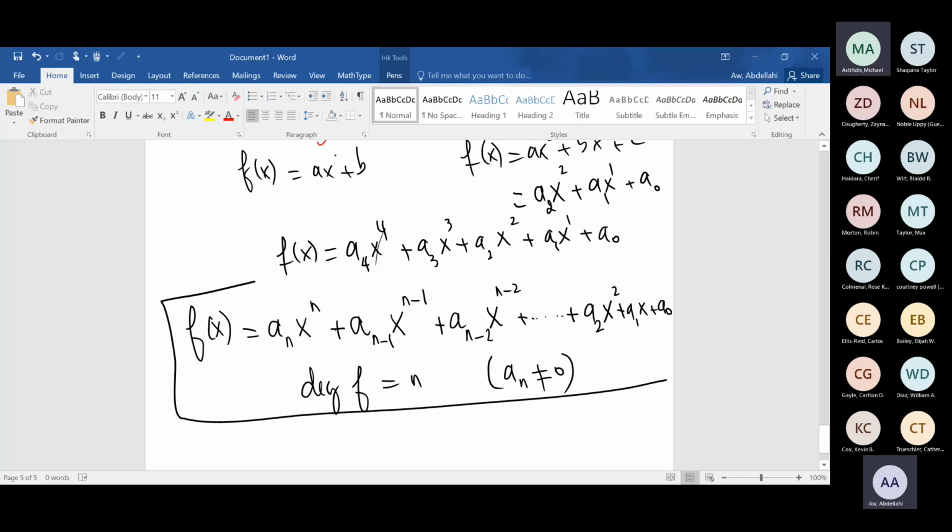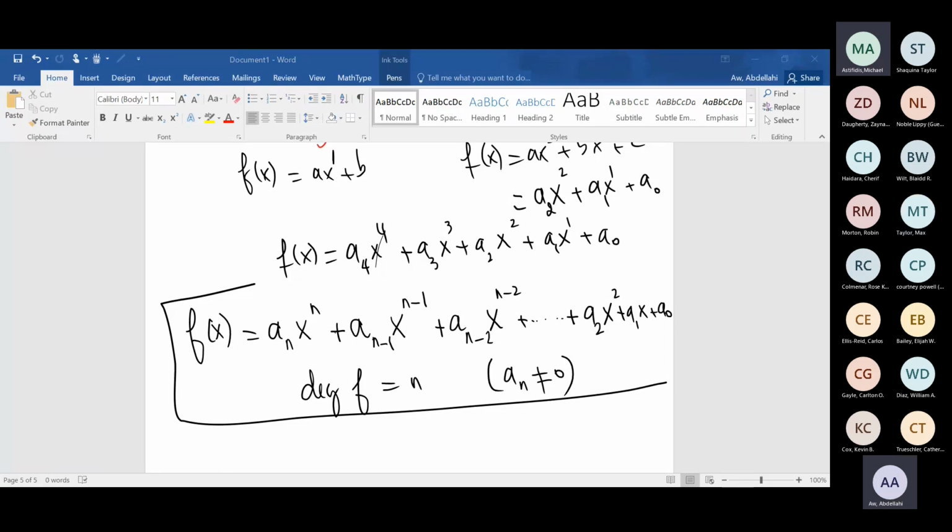You see, like this one, f of x equal ax plus b. A polynomial of degree 2, what other name can we give it? What function is it when the degree is 2? Quadratic. Quadratic, thank you. Degree 1, we know how to deal with it. Degree 2, we know how to deal with it.